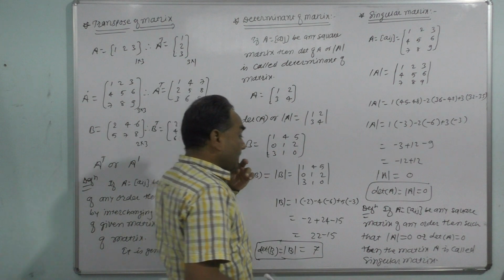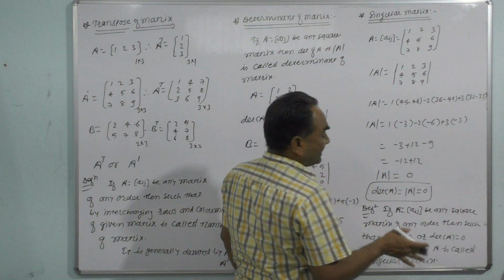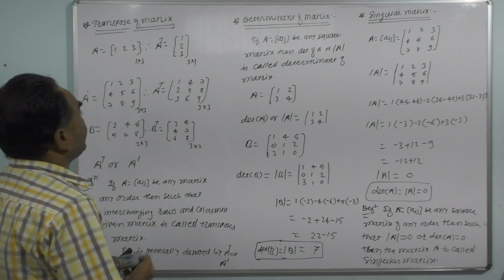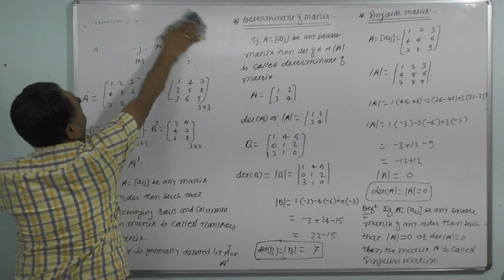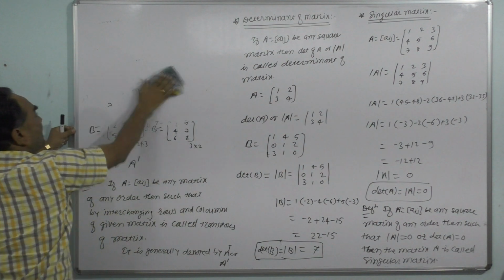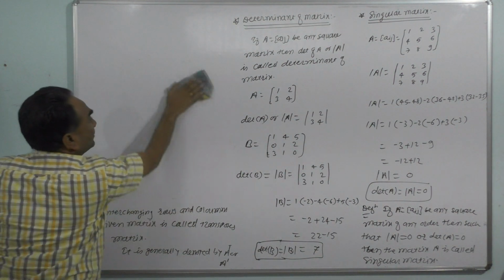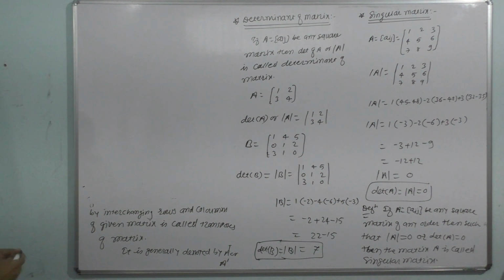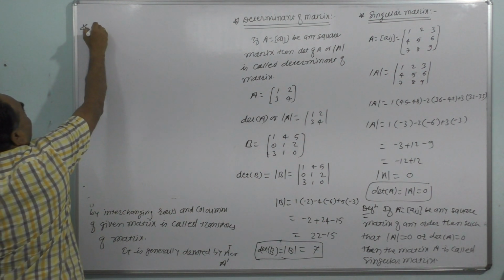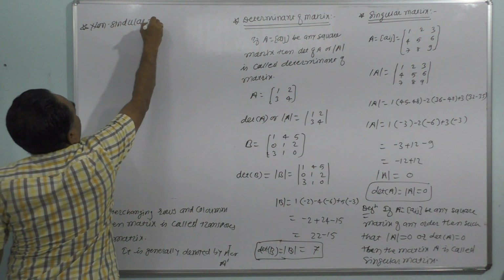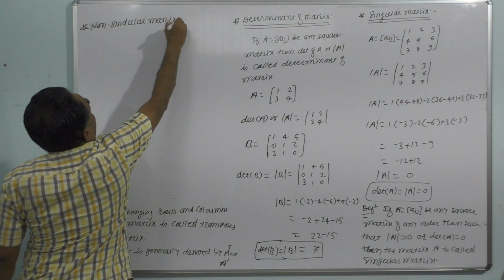That means if determinant of A is equal to 0, then this matrix is called a singular matrix, and its opposite, if determinant of A is not equal to 0, then this matrix is called a non-singular matrix.